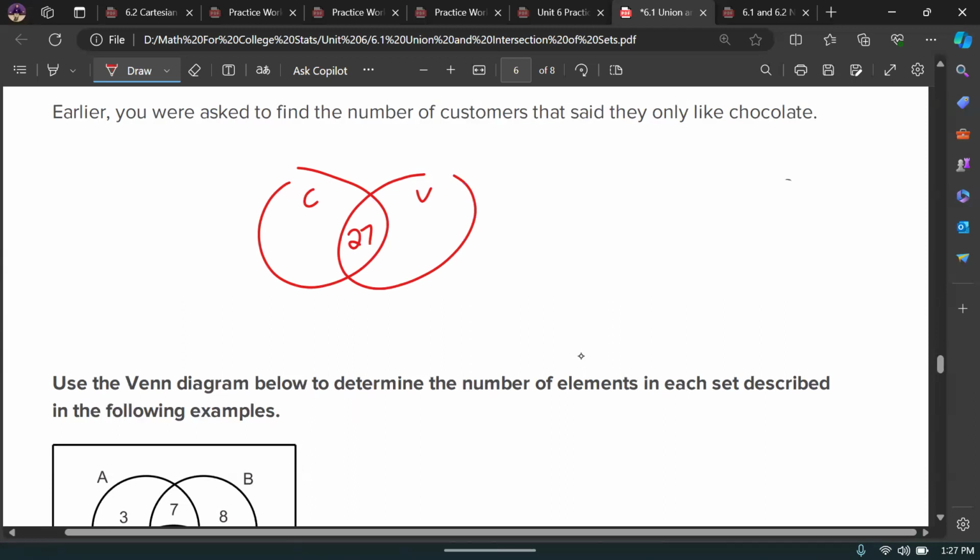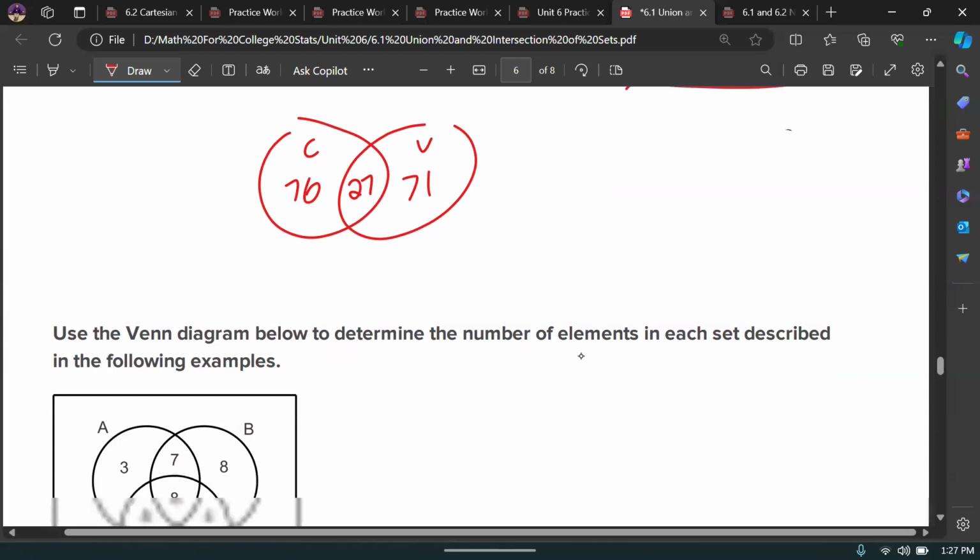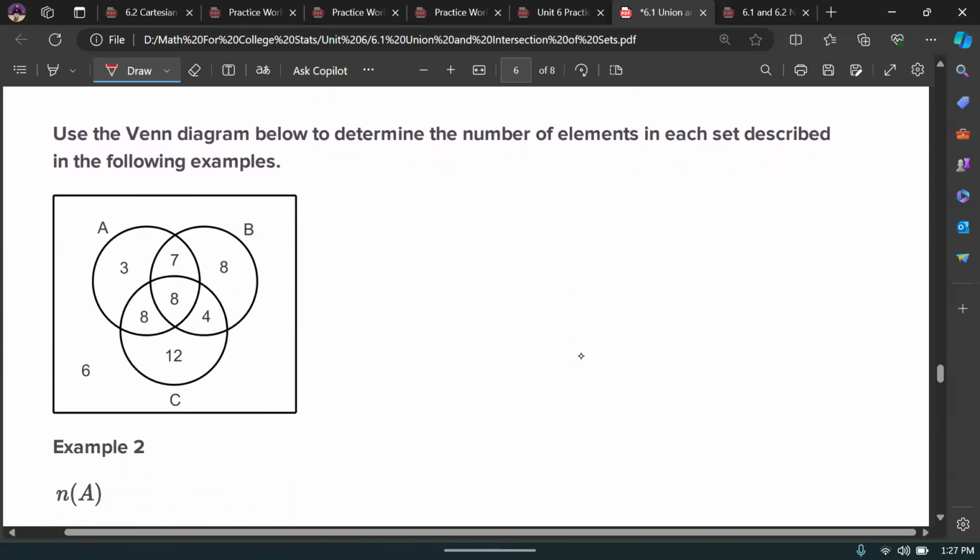So 98 minus 27 means there's 71 people who are just plain vanilla. And there was 103 that like chocolate. So 103 minus 27 is 76. So how many customers only like chocolate would be the 76. Oh, 72? 76. I wrote 72, but I meant 76. All right. So that just answers that question from earlier.